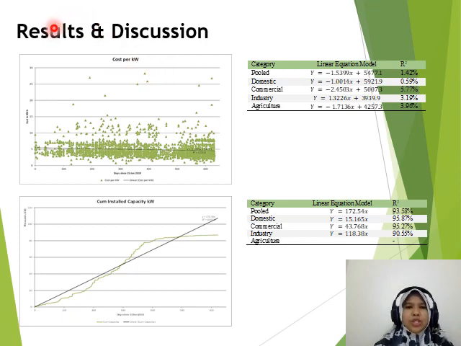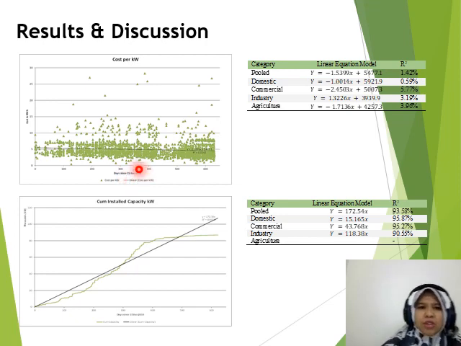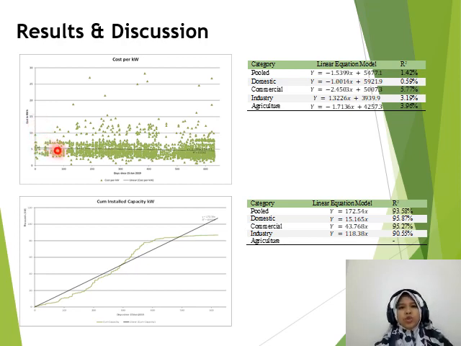Moving on, let's take a look at this example, this graph. We have the cost per kilowatt hour representing day one since 15 January 2019. When you look at this figure, we can see there is a decreasing rate from day to day.